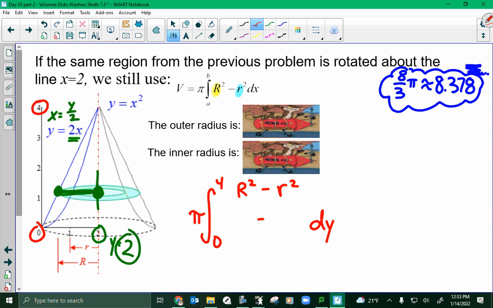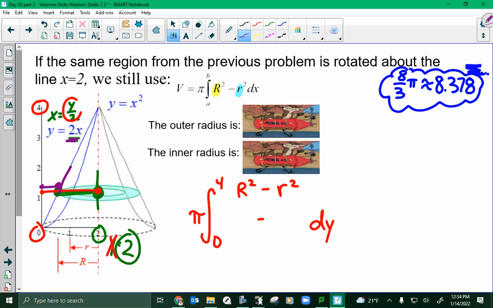Let me show this to you. From this point to this point is x equals 2, rather. And I subtract this distance right here, from this point to this point. You know what that is? That's right on my graph.